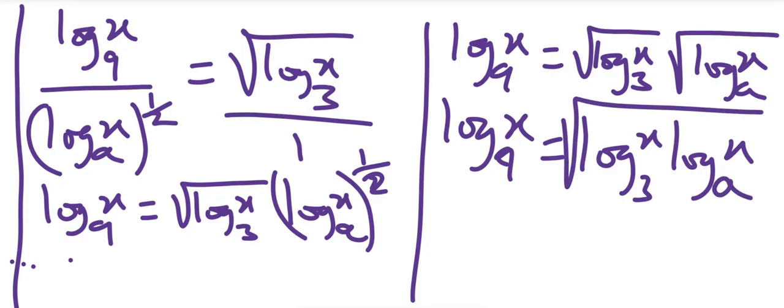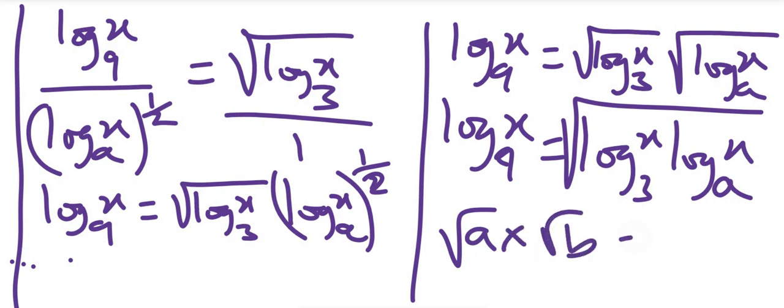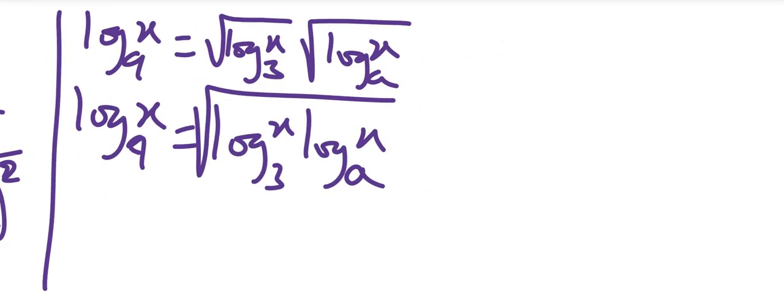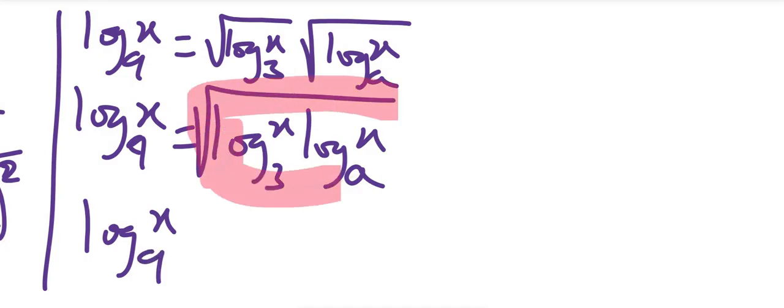What I've done is I've applied the rule of surds. The square root of a times the square root of b is the same thing as the square root of ab. That's what I've done there. So with this, moving on, I have log x base 9. I want to remove the square root on this side, which means I'm going to square both sides.